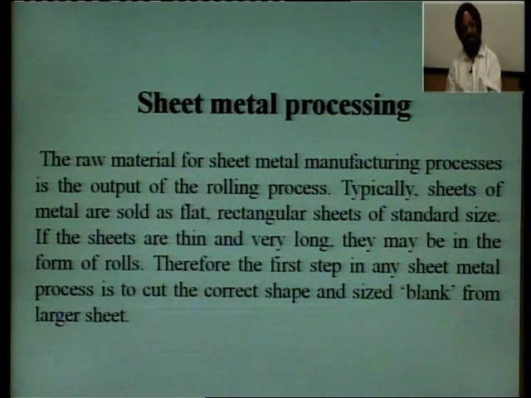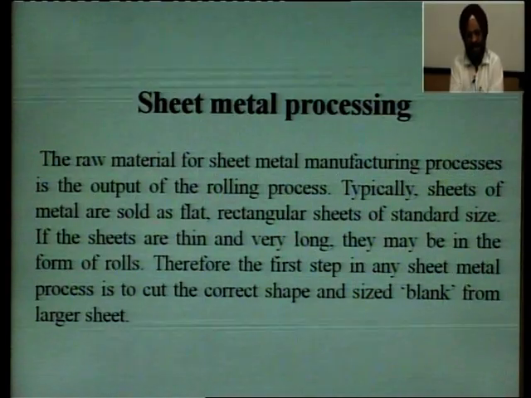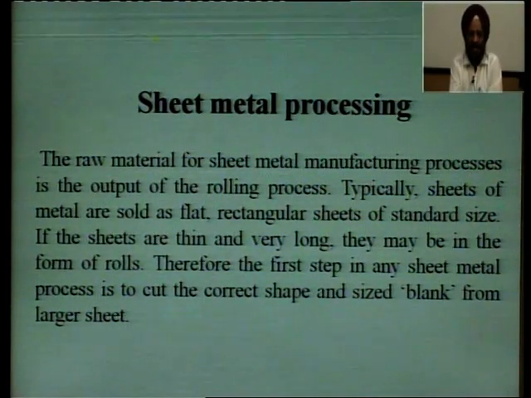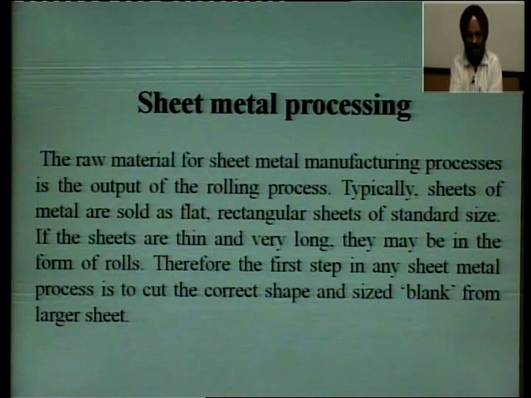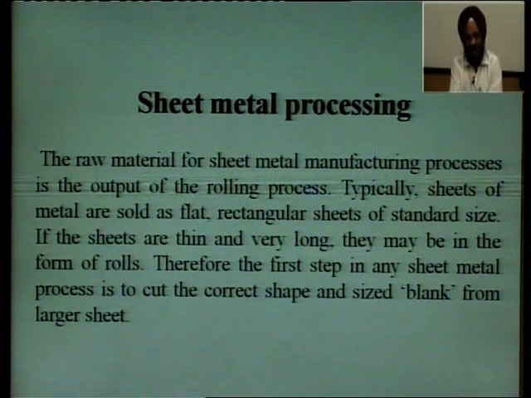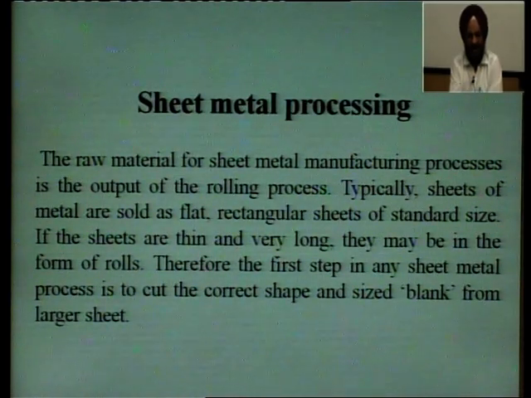Now what is the meaning of sheet metal processing? The raw material for the sheet metal manufacturing process is the output of the rolling process. That means whatever we are getting from the rolling process, we can use for sheet metal components. Now sheets are also rolled. Typically sheets of metal are sold as flat rectangular sheets of standard size.